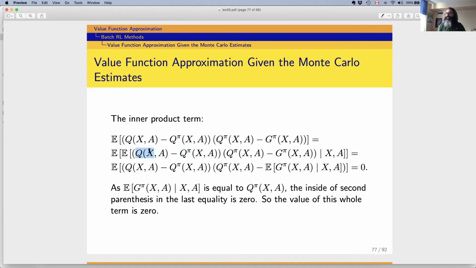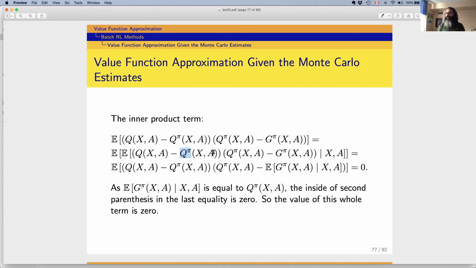Look at the inside. Let's see which part is random and which is not. Conditioned on x and a, Q(x, a) minus Q^pi(x, a) is not random, because Q is a given function, x and a are conditioned on, and Q^pi is a fixed value function.